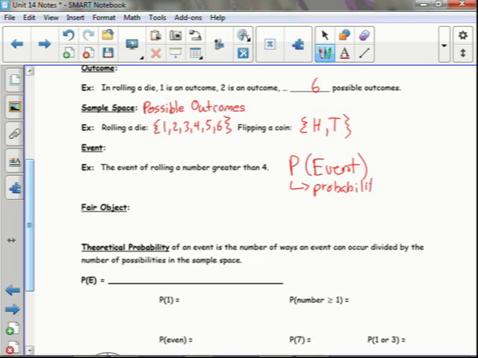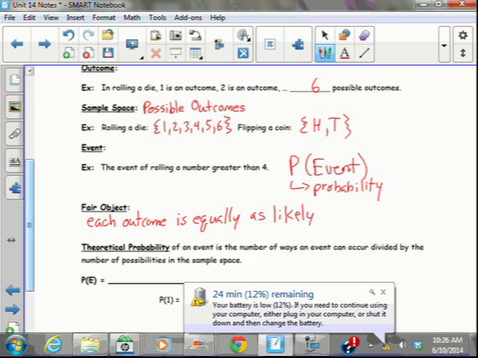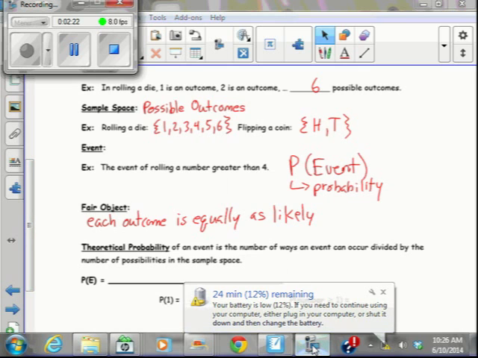When we do this, we're usually looking at a fair object, which means each outcome is equally as likely. For example, if you have a fair coin, it's equally likely to be heads, equally likely to be tails.